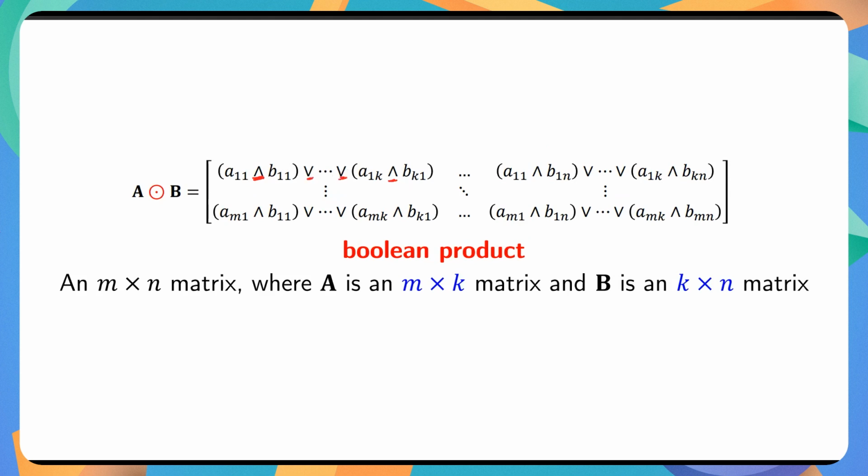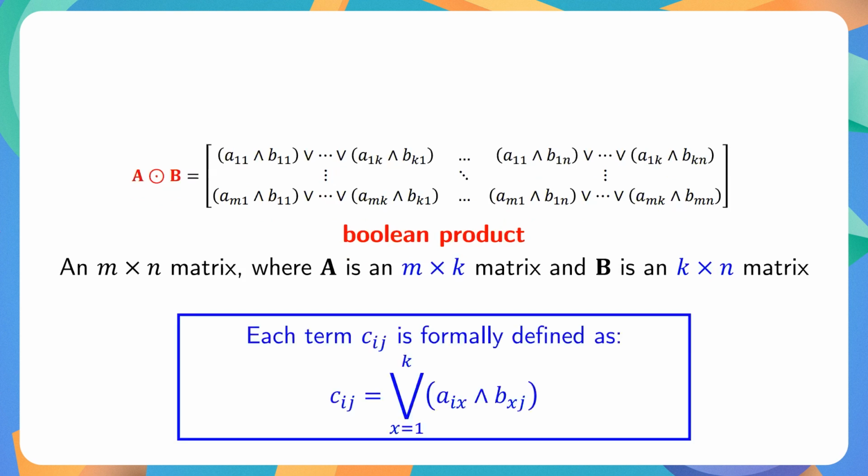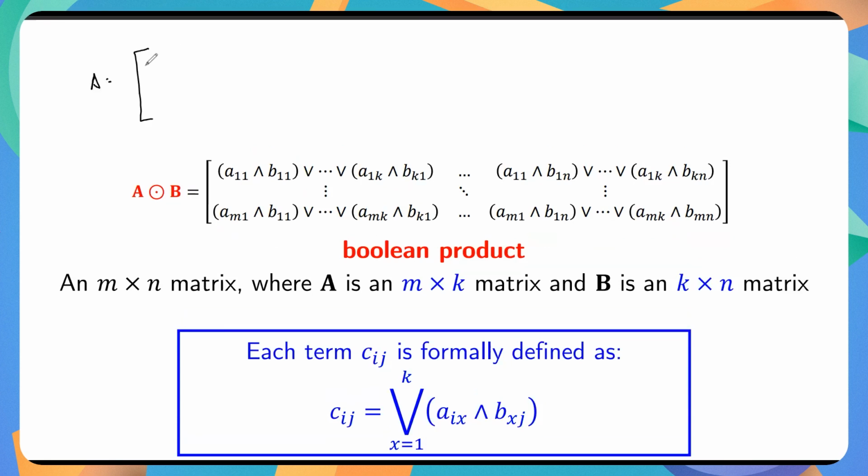If we were to shortcut this in one formula, C sub ij is equal to the OR of the AND terms A sub ix and B sub xj from 1 to k.